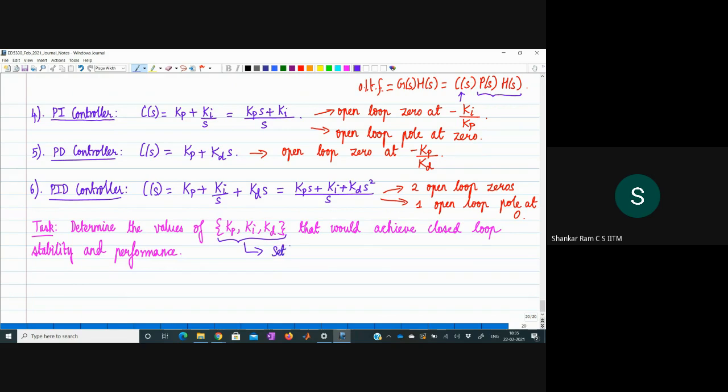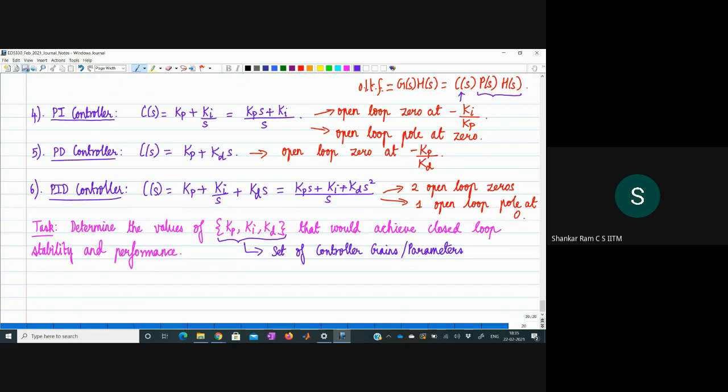This is a general set of controller gains or parameters that will help us achieve stability first, of course, and then the desired performance of the closed loop system.